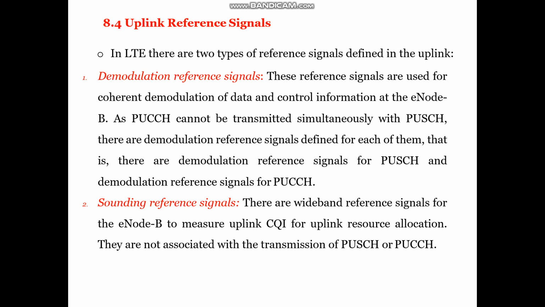Unlike the downlink, the reference signals in the uplink cannot be transmitted at the same time as user data. Because of this reason, we have different reference signals such as demodulation reference signal and sounding reference signal.